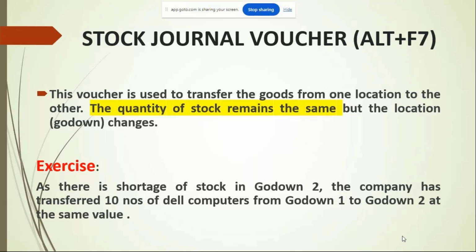Here in my case, I had ordered a stock transfer of 10 computers from the general godown to the main location, because in the main location there was a shortage of stock. And the same I have put in my books of accounts in the stock journal voucher, that 10 computers are being stock transferred to my main location godown.